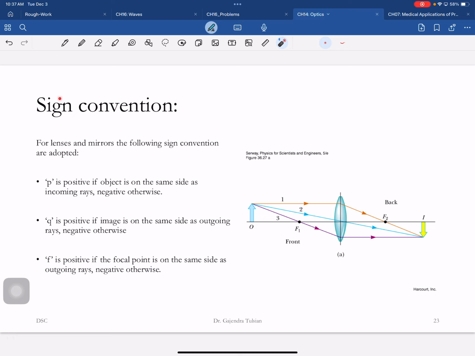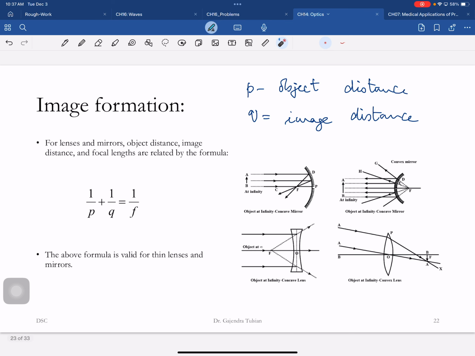Okay, here's a sign convention. Image distances can be positive or negative. Sometimes object distances are negative. That's when you have multiple lenses or things like that in an instrument, but we won't use that situation too much.